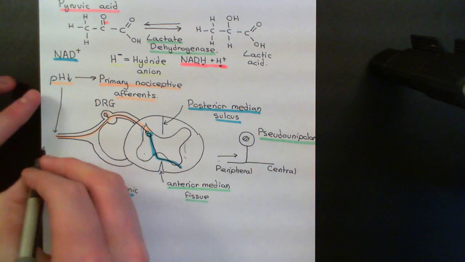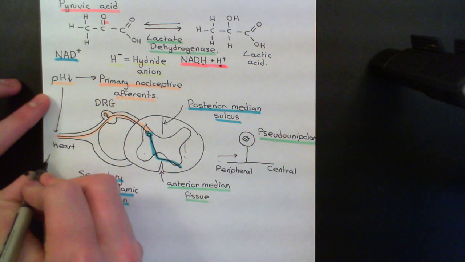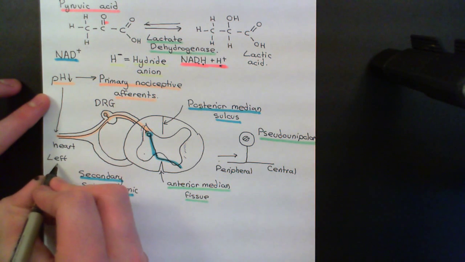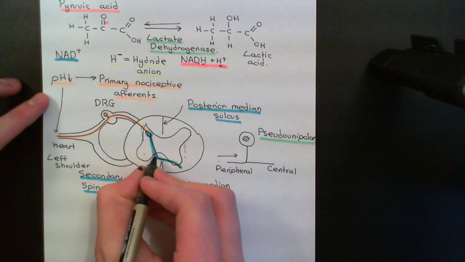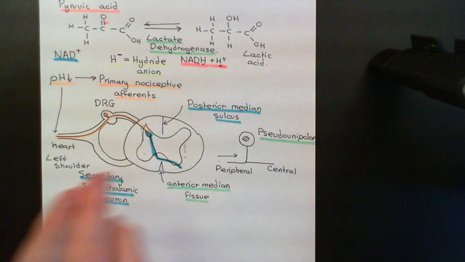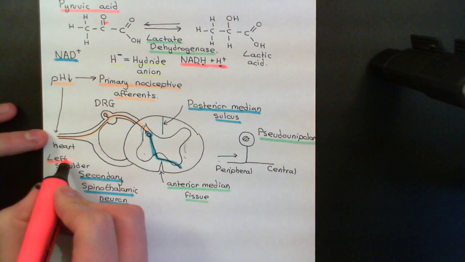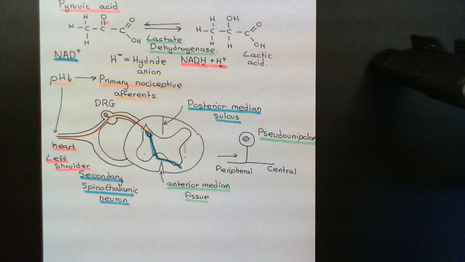Okay, so you're going to have primary nociceptive afferents coming from the heart and also primary nociceptive afferents coming from the left shoulder, and they will now both be sharing the same secondary spinothalamic neuron, so they'll be stimulating the same secondary spinothalamic neuron.